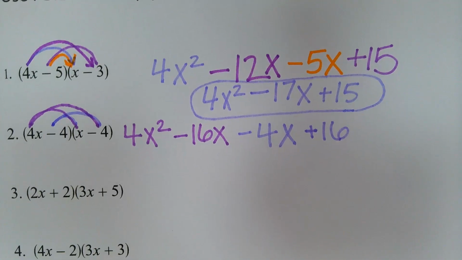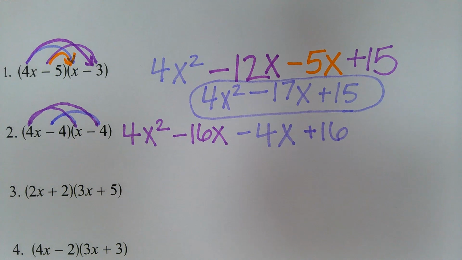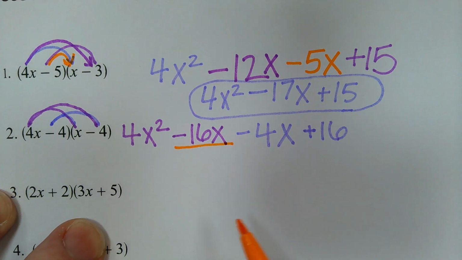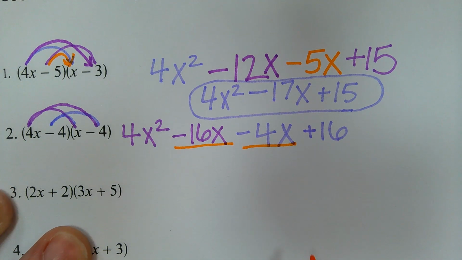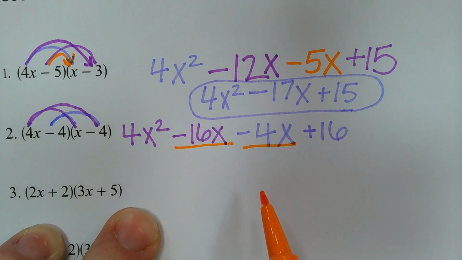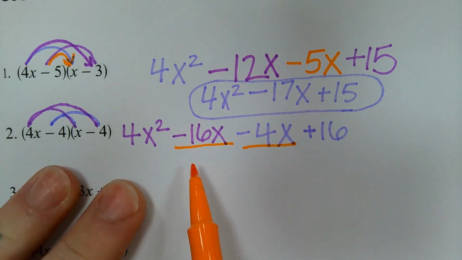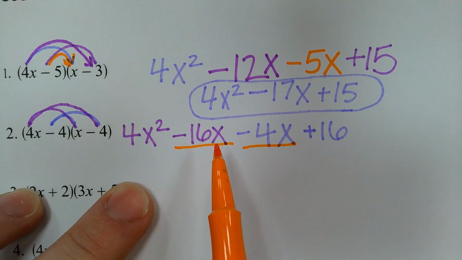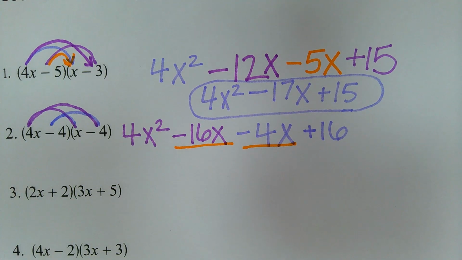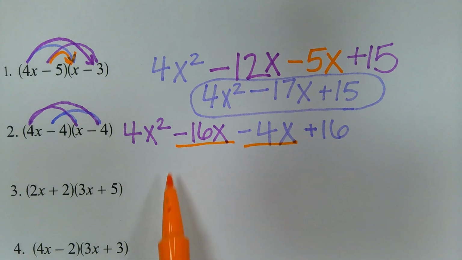And what do I do next now, guys? I've got some like terms in the middle. Negative 16x, negative 4x. What happens? Oh, so if we multiply two negative numbers, we get a positive. But remember, when we add and subtract. Negative 20x. So I always like to think of negative numbers as money.